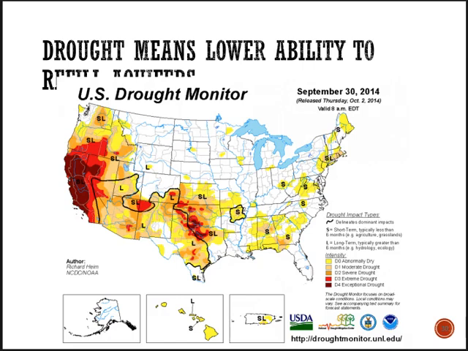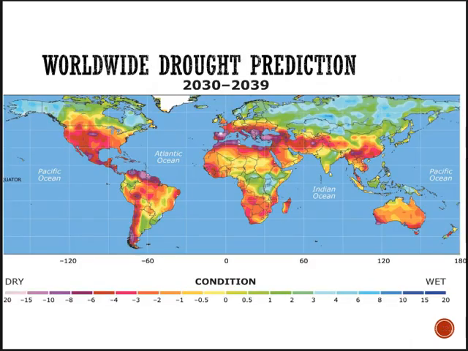And because of global warming, we have some projections as to what's going to be happening into the future with drought. And this is a quite scary proposition because what they're projecting is that in the developed world and throughout some of the underdeveloped or developing world, we're going to have extensive drought. Any place where you see the pinks and purples and reds and oranges and yellows, those are areas of drought.